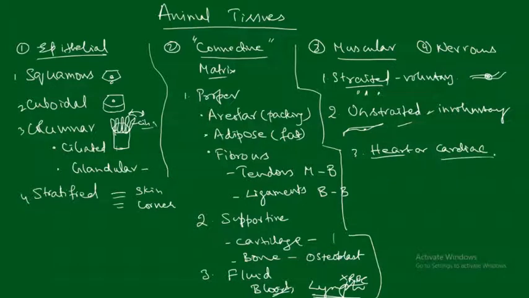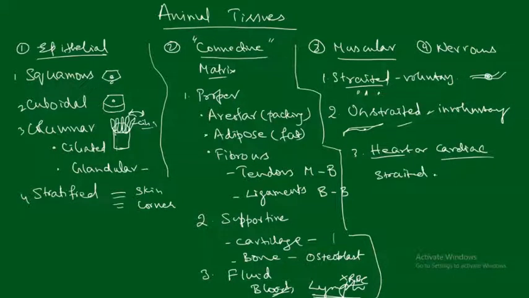Whereas heart or cardiac muscles are important in the contraction of the heart. The heartbeat is a continuous process, it is also involuntary, and they are made up of striated muscles.